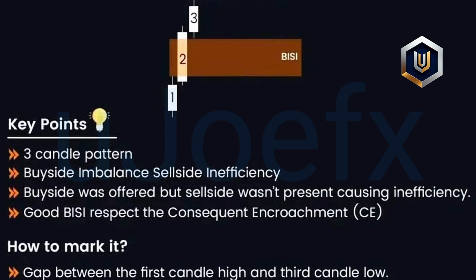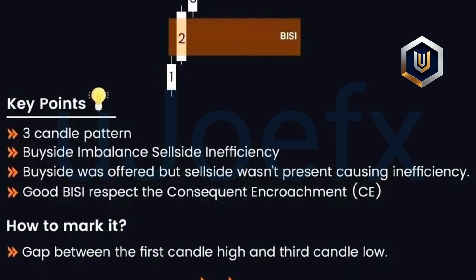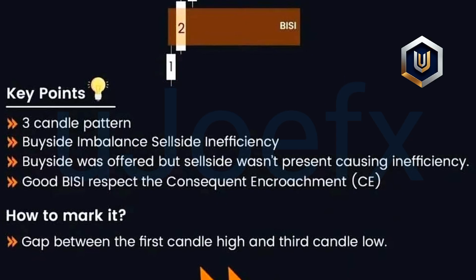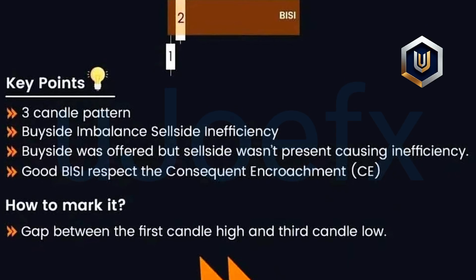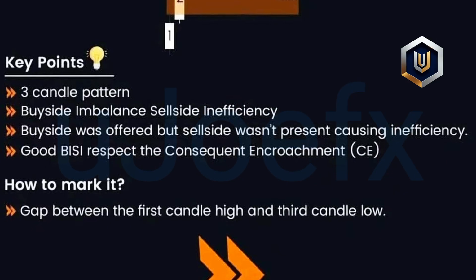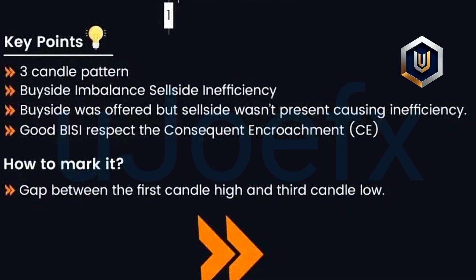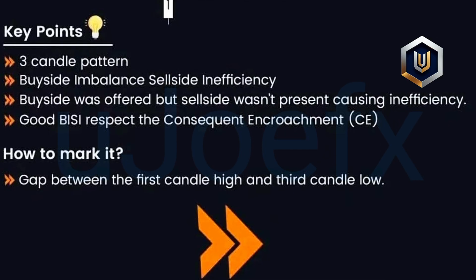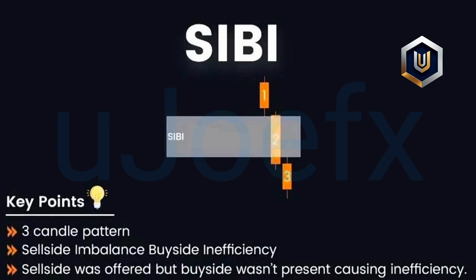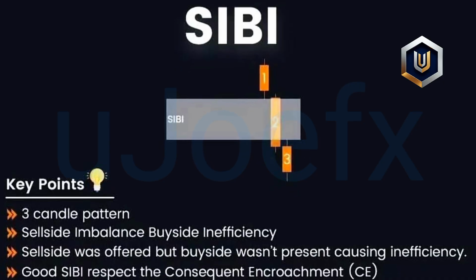The buy side was offered, but sell side wasn't present, causing inefficiency. Here's one thing you should understand about this particular gap, very important: the gap between the first candle high and third candle low is the BC. That's what we're talking about, the buy side fair value gap.